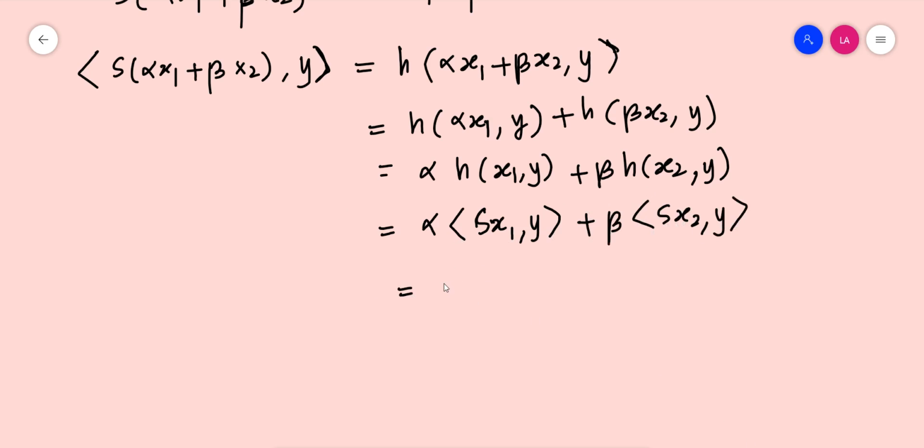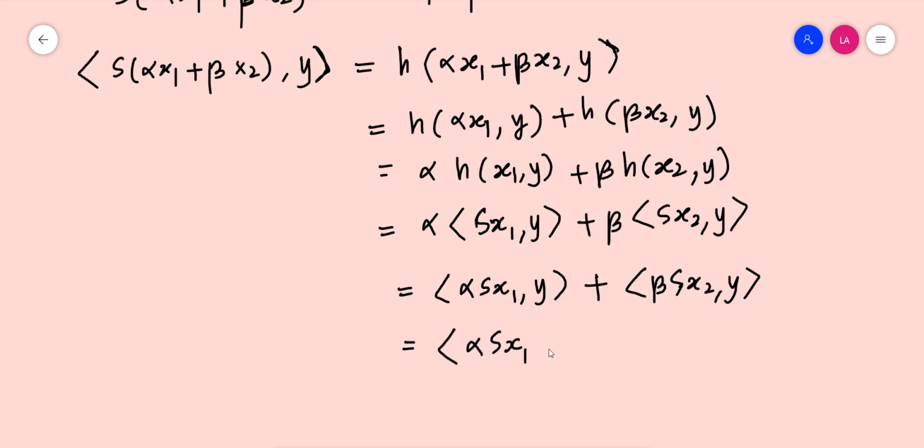This should be equal to inner product alpha Sx1, y plus inner product beta Sx2, y by the property of inner product. Now again using the property of inner product, this is inner product alpha Sx1 plus beta Sx2, y.